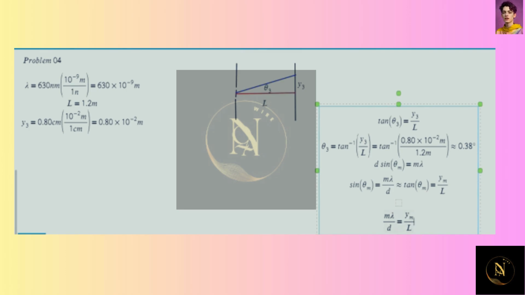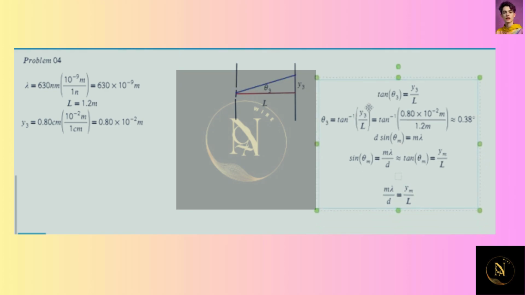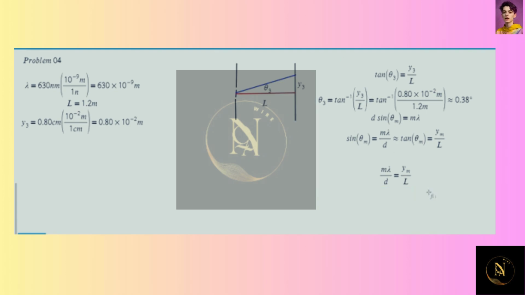Let's multiply both sides by d and L. So we're going to get m lambda L is going to be equal to d y sub m.